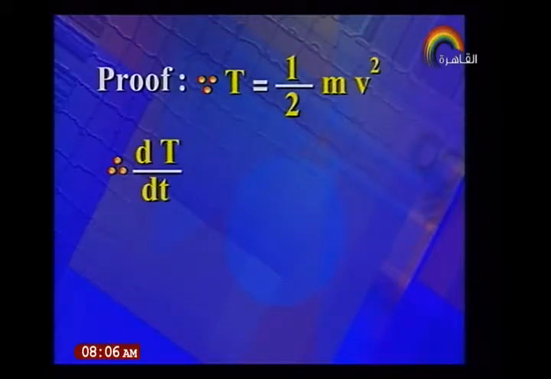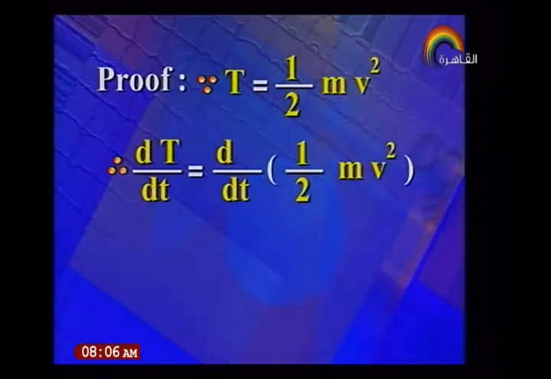By using calculus differentiation, dT over dt with respect to time t equals d over dt of half mv squared.